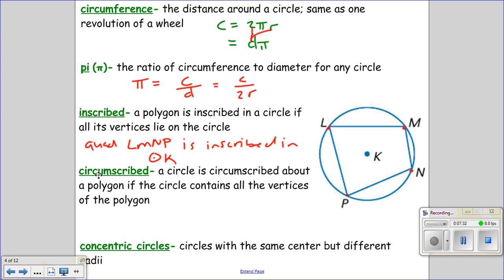Circumscribed. A circle is circumscribed about a polygon if the circle contains all of the vertices of the polygon. So using the same picture at the right, we can say circle K is circumscribed about quadrilateral LMNP.